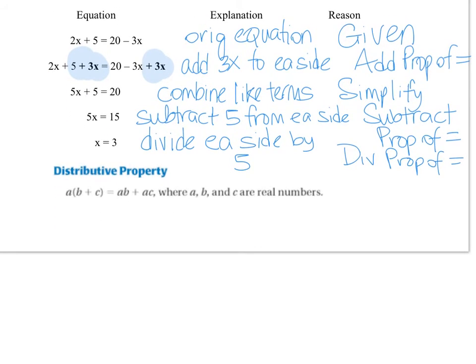Okay, the distributive property can be either direction, where you are distributing out or multiplying through, or where you are bringing it out and almost like factoring. So either direction is a distributive property.